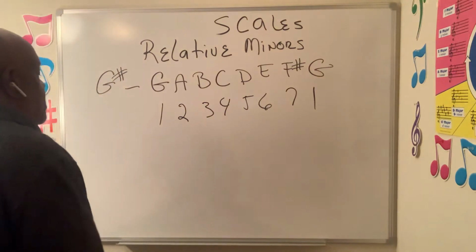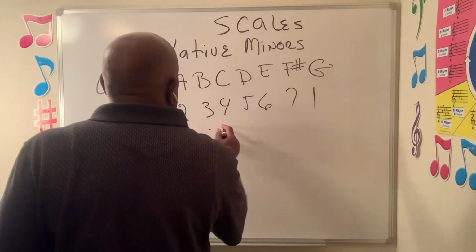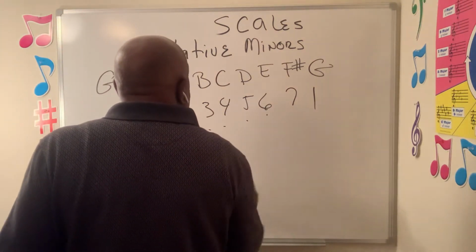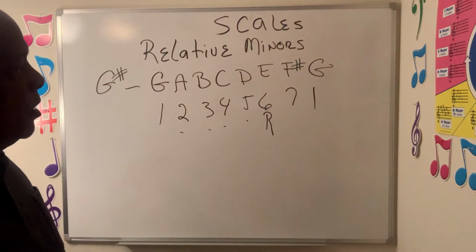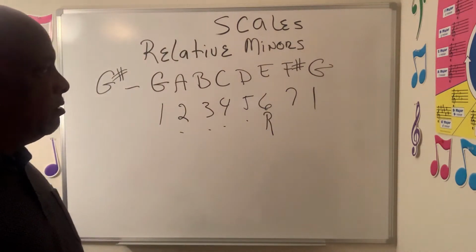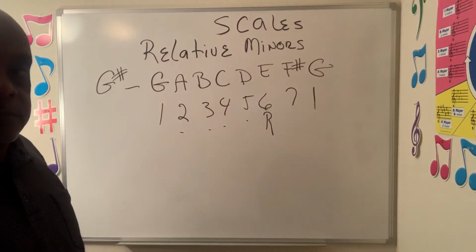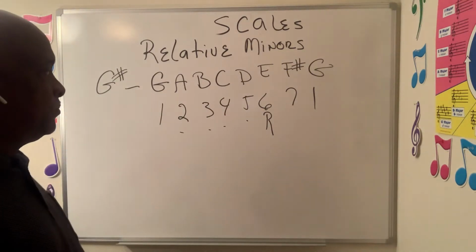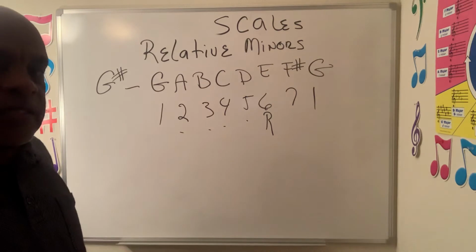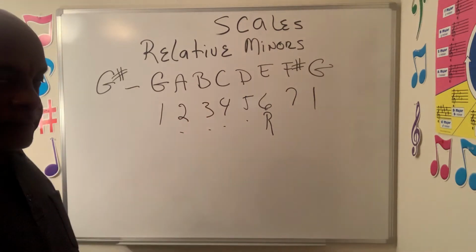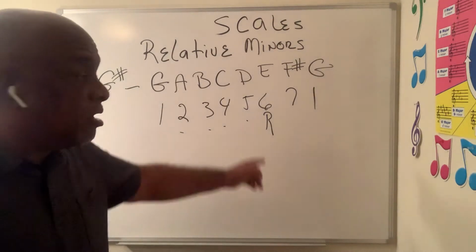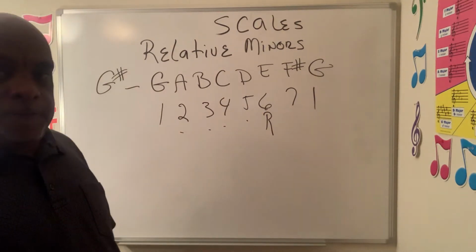So if I go 6, 1, 2, 3, 4, 5, 6. So the relative minor of the G major scale is E minor. It's just the sixth of the major scale.